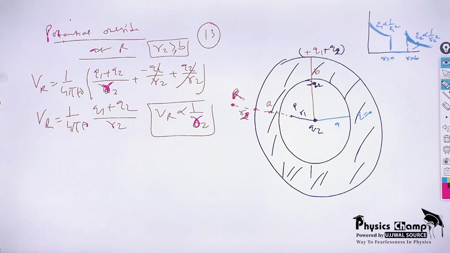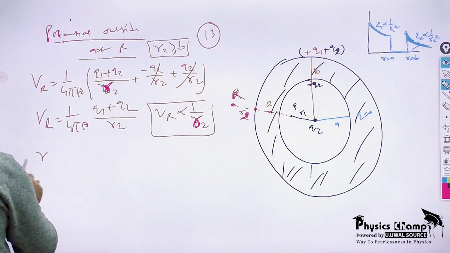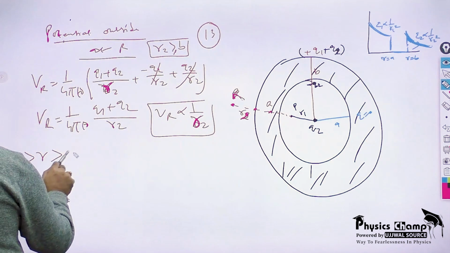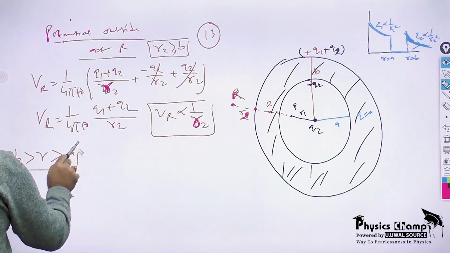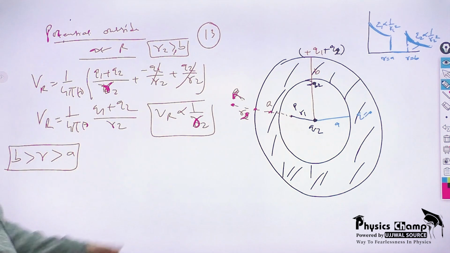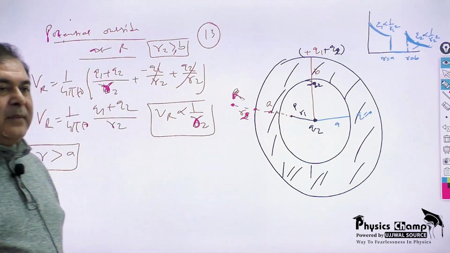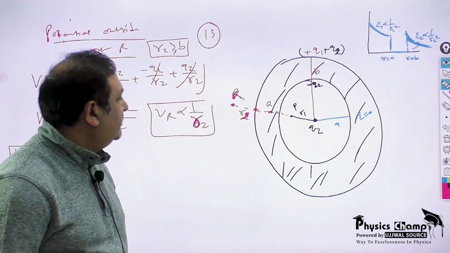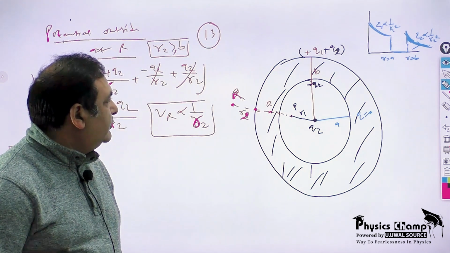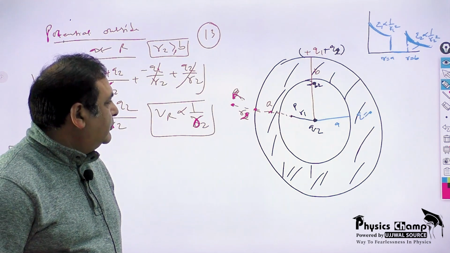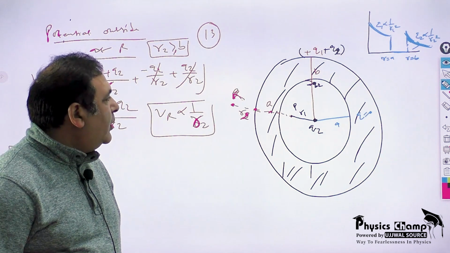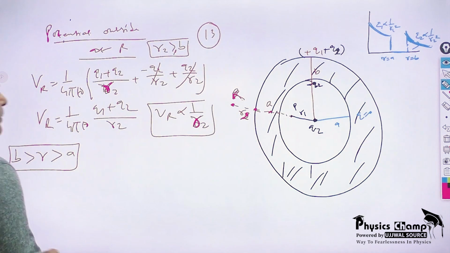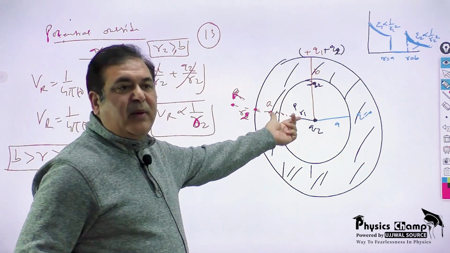Now what is the potential between A and B, for R greater than A and less than B, in between? Whatever is the potential at the outer surface, the same will carry in. If I talk about this conductor, the potential will become constant.